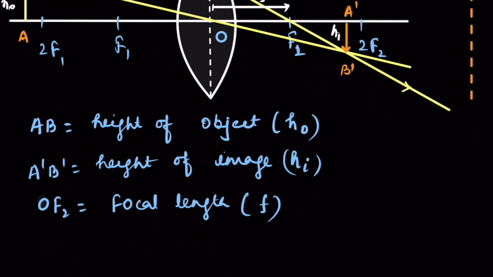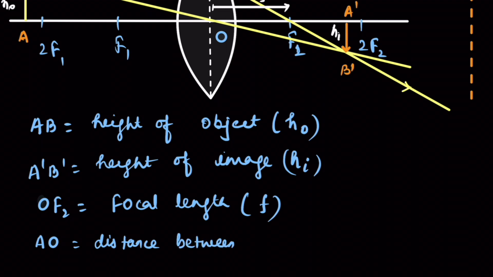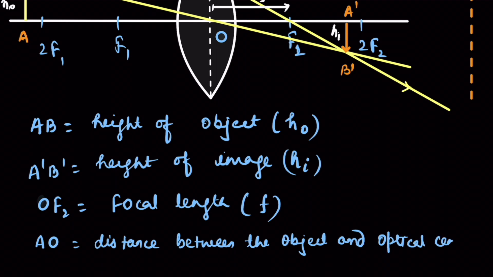Now the distance AO is the distance between the object and optical center, and it is represented as a small u.